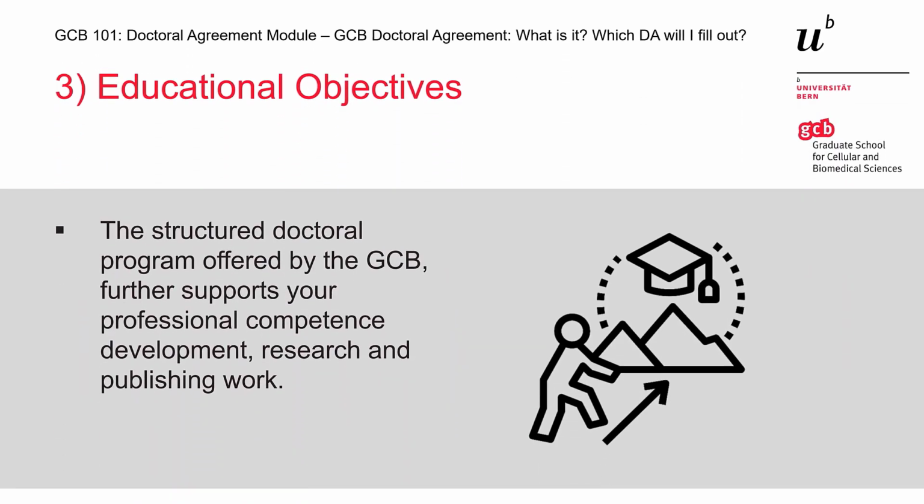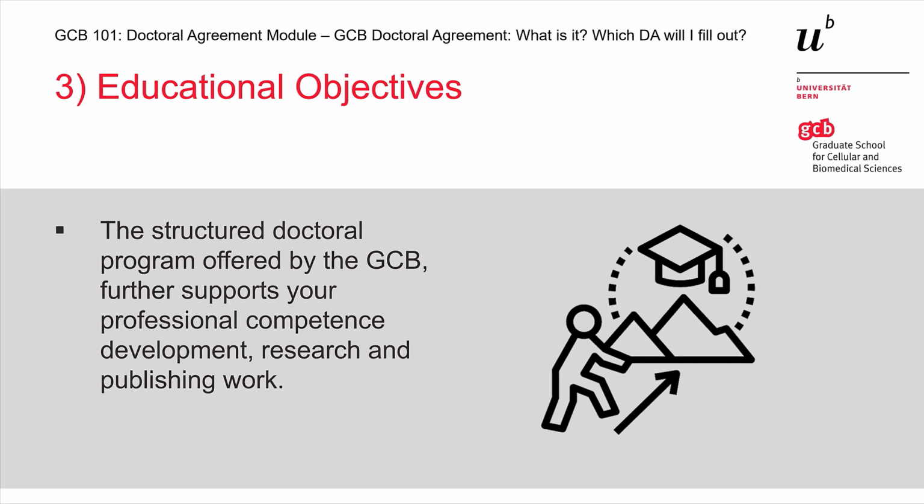Step 3. Educational objectives. In addition to the individual academic supervision, as a PhD candidate you receive the structured doctoral program offered by the GCB, which further supports your professional competence, development, research and publishing work.